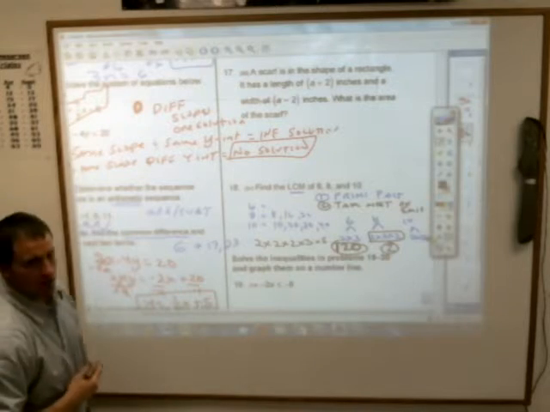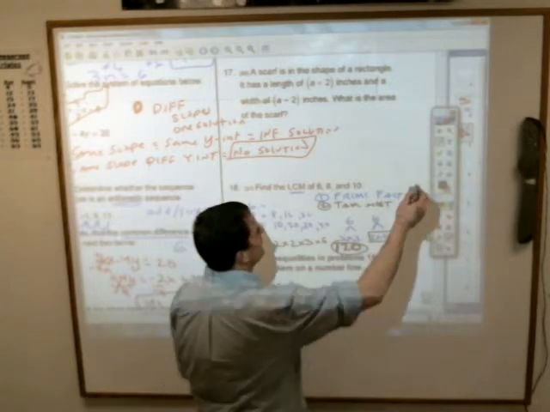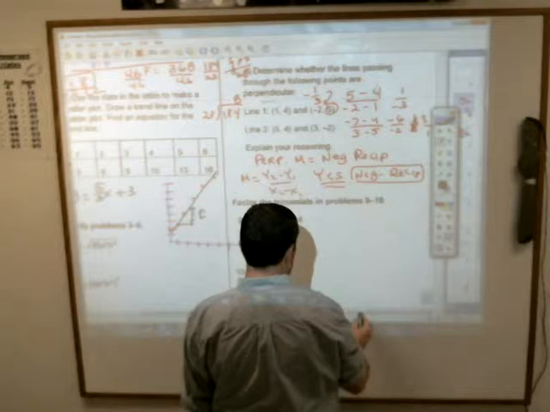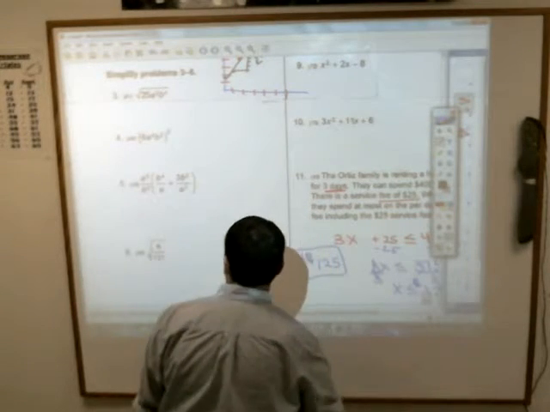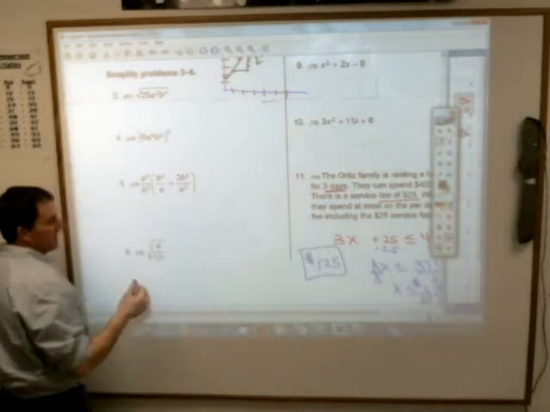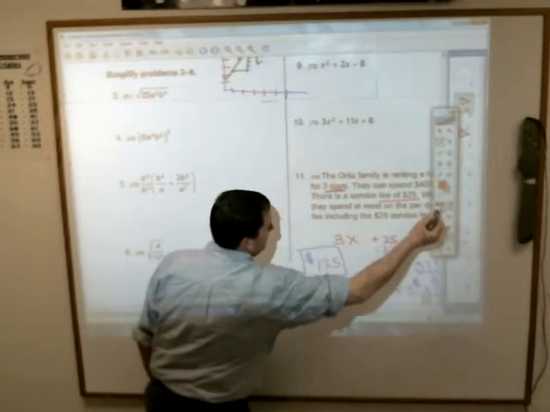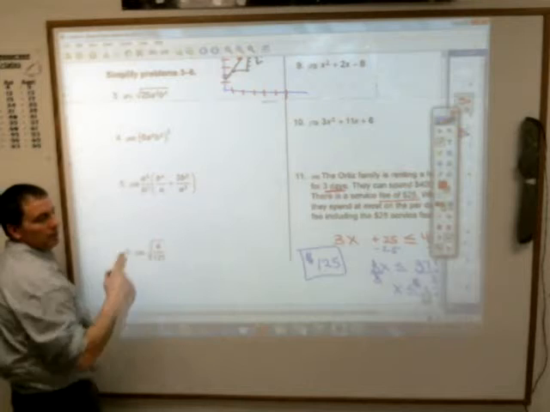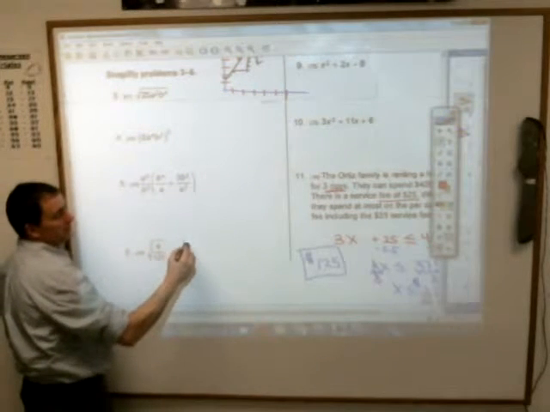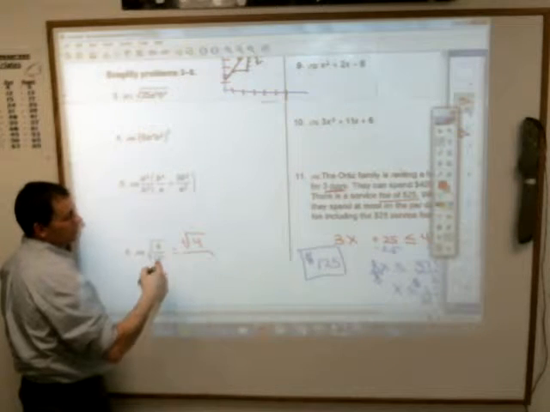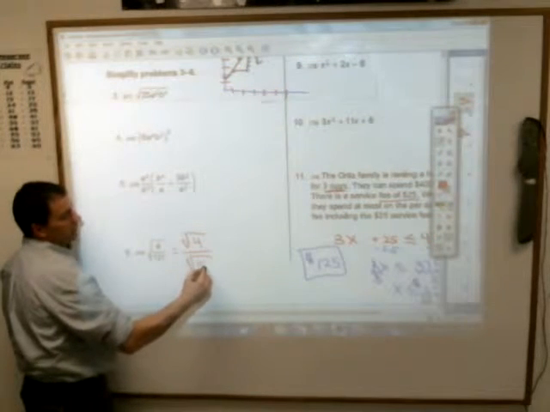Emma Kate Morkert. Number 6. Number 6, I would say, is best thought of like this. When you have the square root of a fraction, that is the same thing as taking that square root sign and putting it on both the top and bottom: the square root of 4 over the square root of 121.